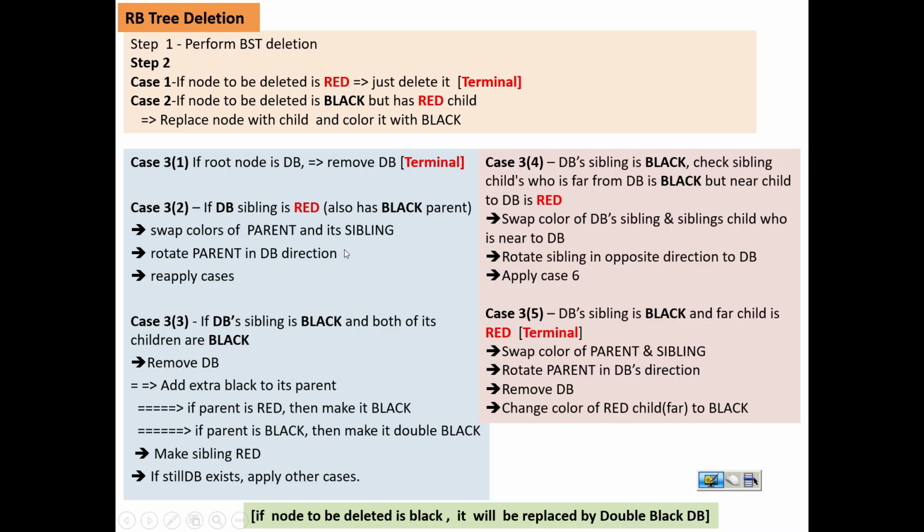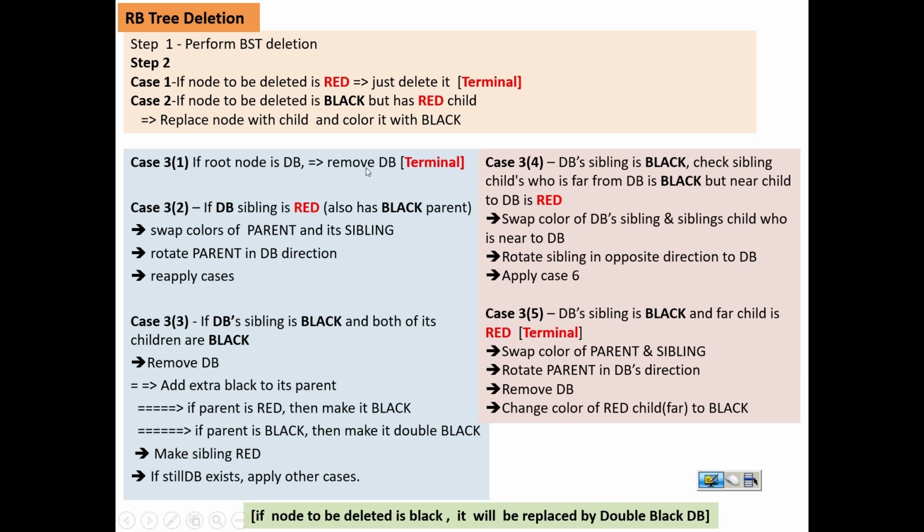So let's start. First of all, just quickly have a look at the algorithm of RB tree deletion. We have already discussed in our previous video that it has certain possible cases when we do this deletion operation. Case one and case two are straightforward: you do the deletion and there is no need to worry, because it still maintains all the RB tree properties.